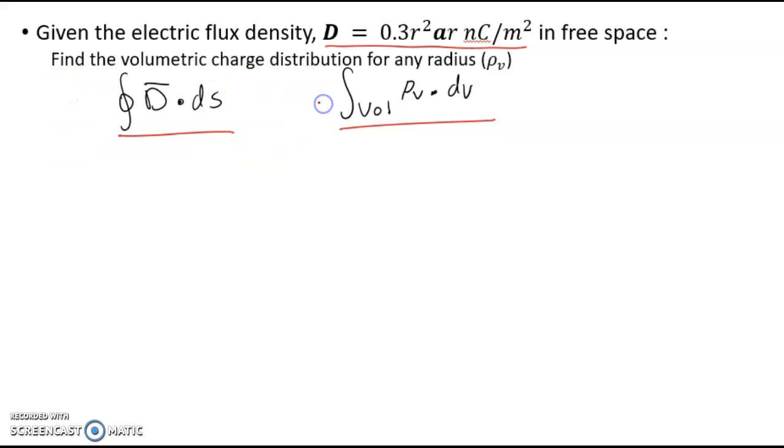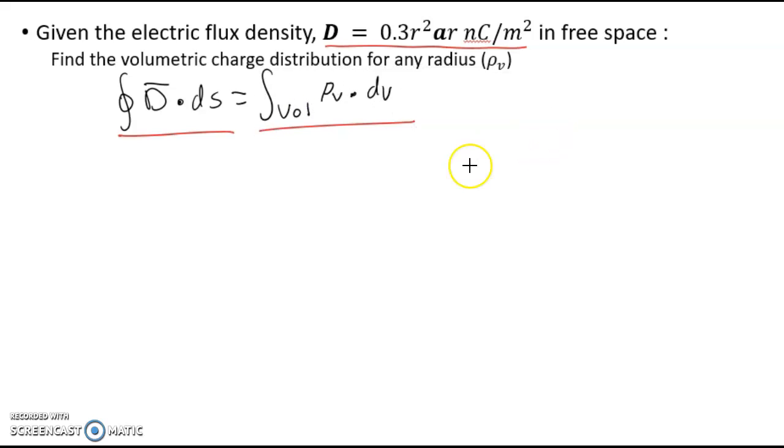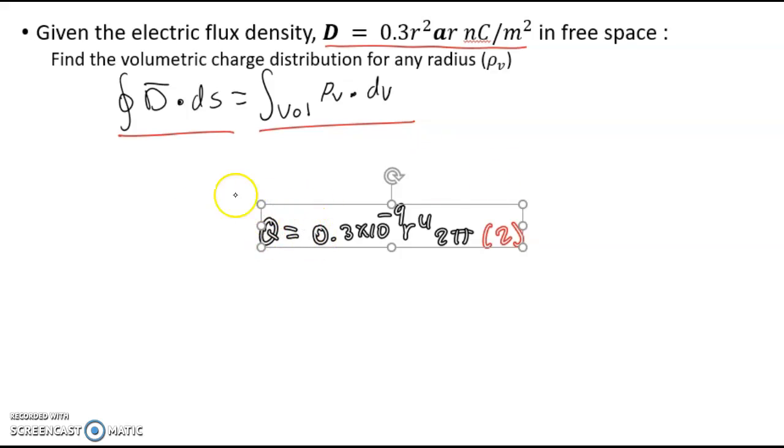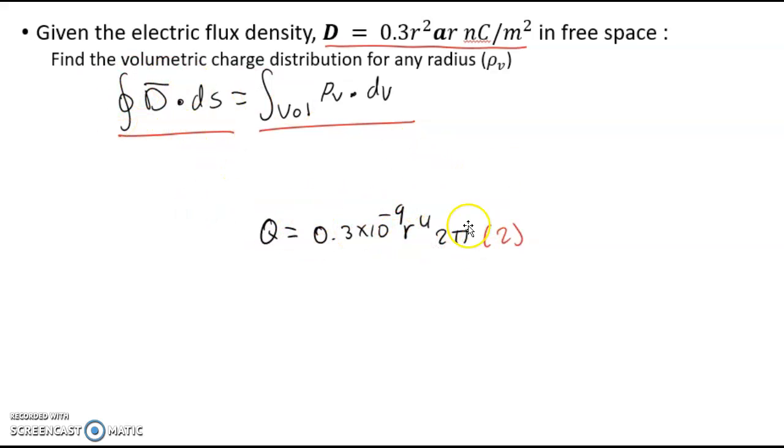For that matter, we will only use these two sections, and we will take advantage of what we have seen before. We know that the result of this integration is going to be 4 pi, which is equal to the flux, which is equal to the closed surface integral of this.